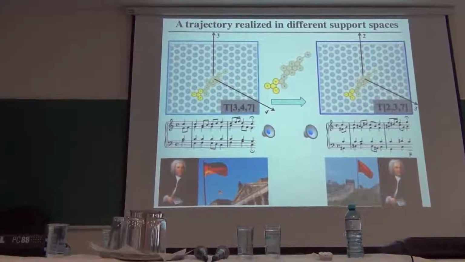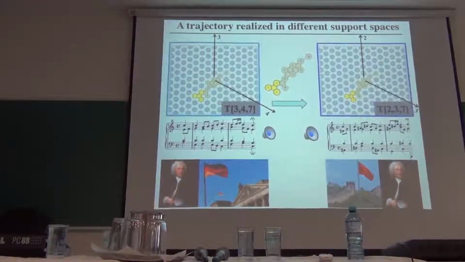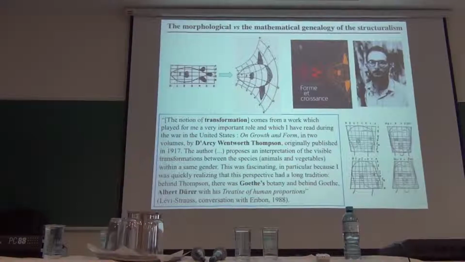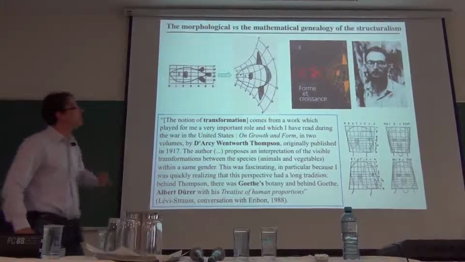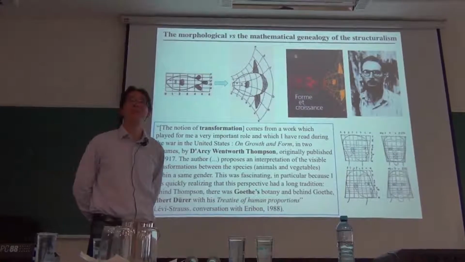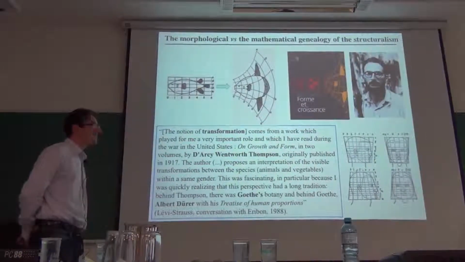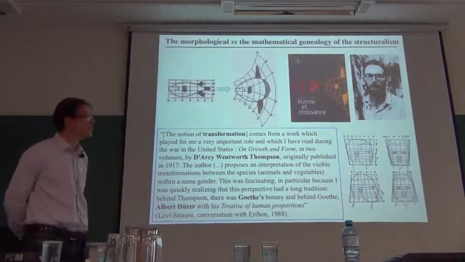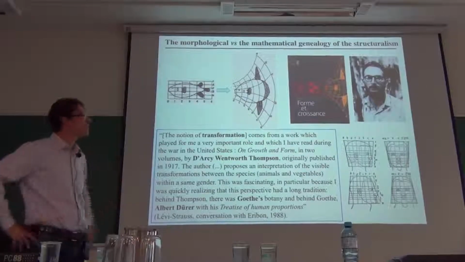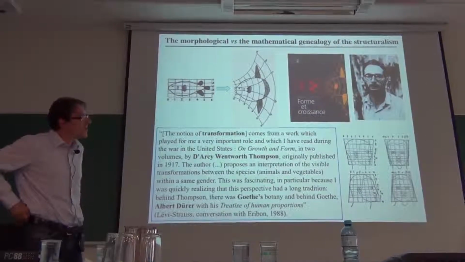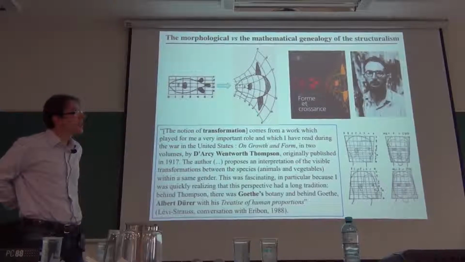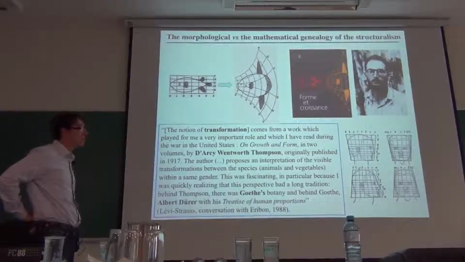Okay, this could be taken as a joke, but actually it's very deep, because if you are interested in structuralism, and I think Stefan also is very interested, we had many discussions about the role of structuralism and the possible genealogy of structuralism in mathematics and music.